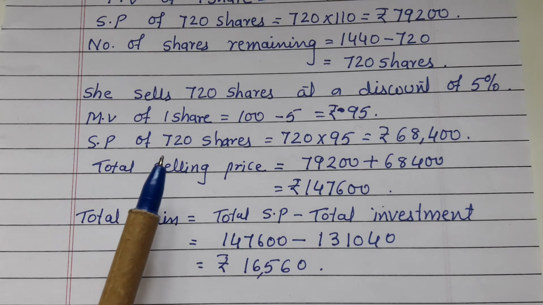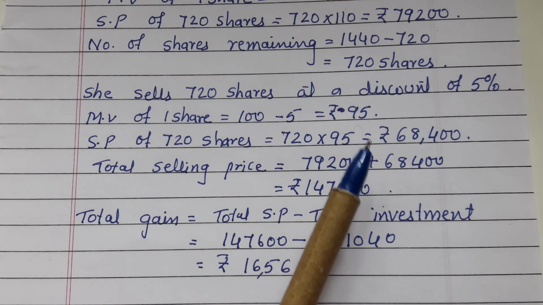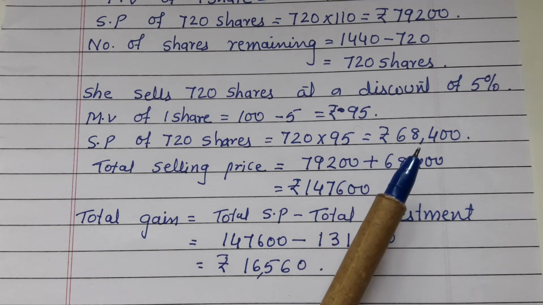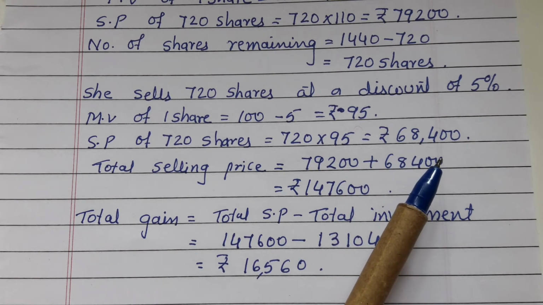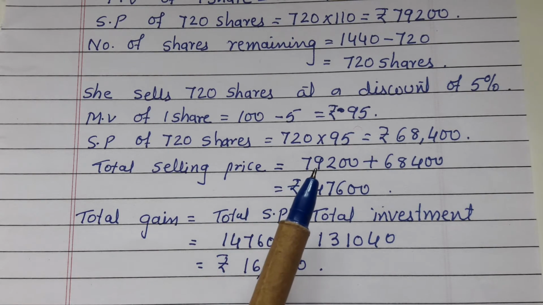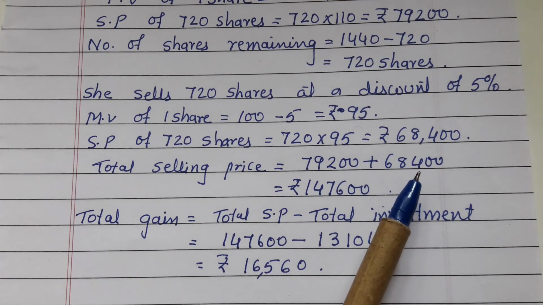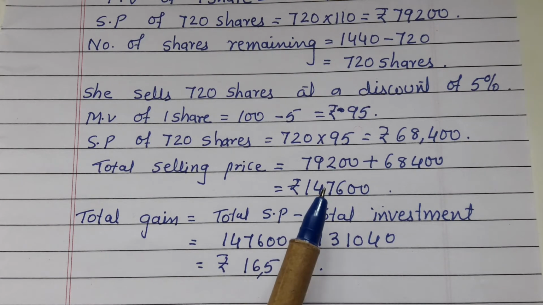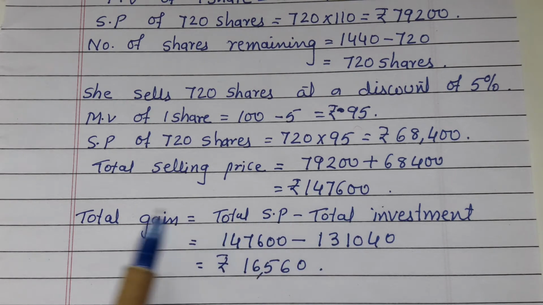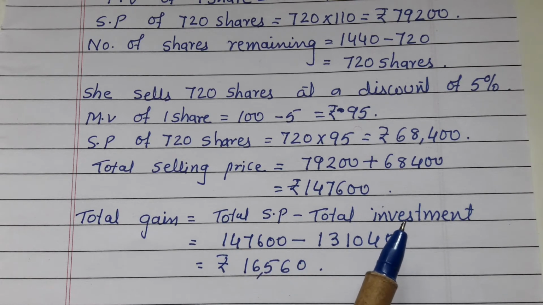Therefore, selling price for 720 shares, 720 into 95 is equal to rupees 68,400. Total selling price is equal to 79,200 plus 68,400 equal to rupees 1,47,600.